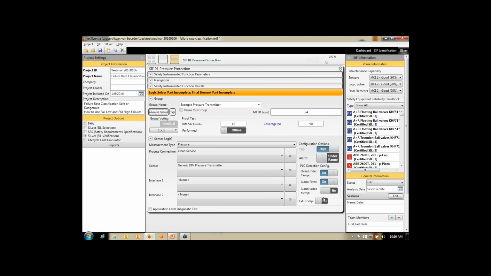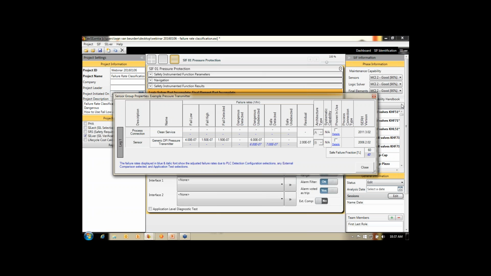Finally, we can say, well, the operating philosophy, we don't want to operate if there's any unhealthy transmitter signal, according to of course, the appropriate voting arrangements. But we don't want to continue to operate if a transmitter in a single non-redundant system has failed dangerous. We want to transition to the safe state, and we can flag those alarms are voted as trips and set that to yes. And then we will see that all those failures that were earlier in the dangerous detected category are now in the safe detected category.